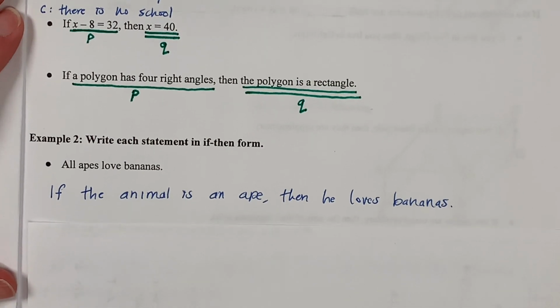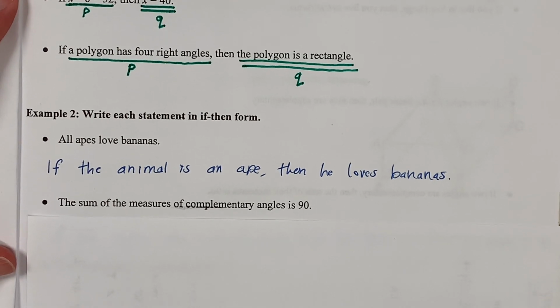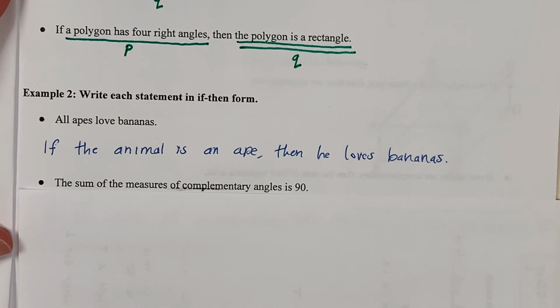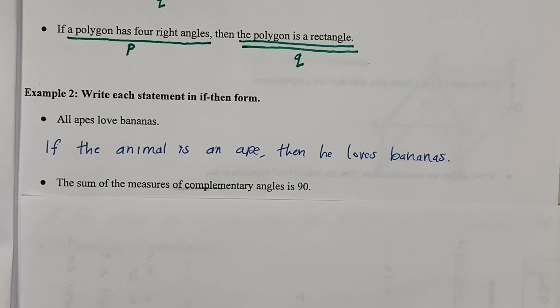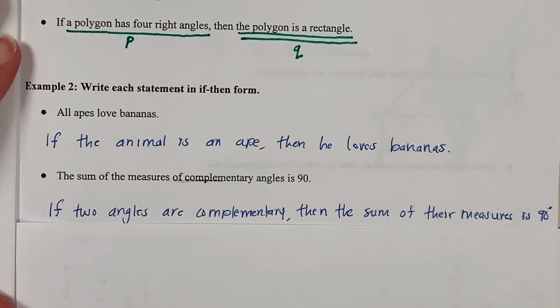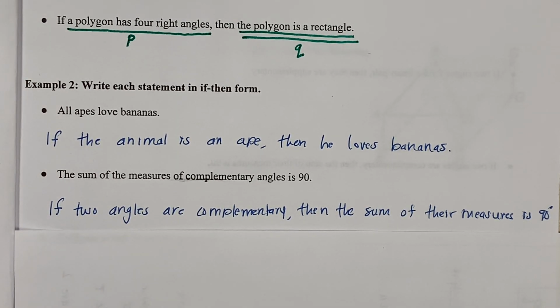Example 2. The sum of the measures of complementary angles is 90 degrees. I want to take this statement and write it in if-then form. There are several different ways that you could do this. One way, we could say, if 2 angles are complementary, then the sum of their measures is 90 degrees.